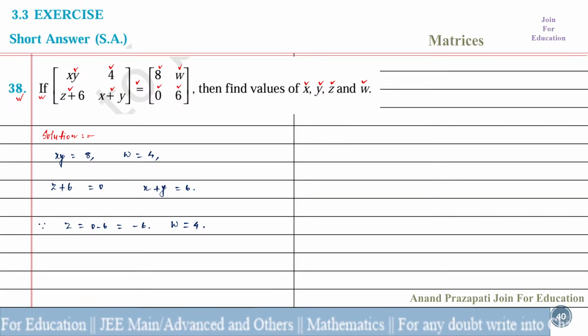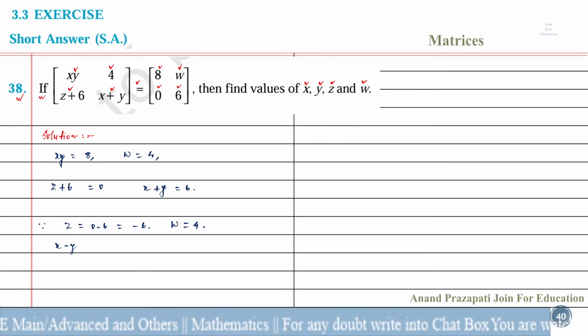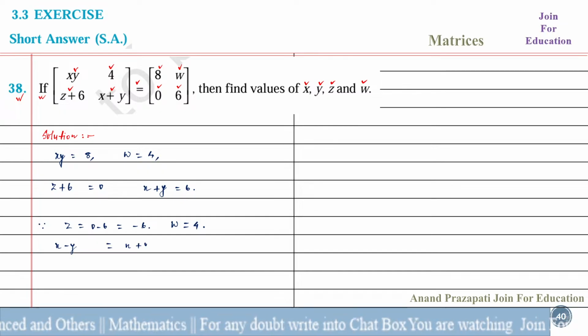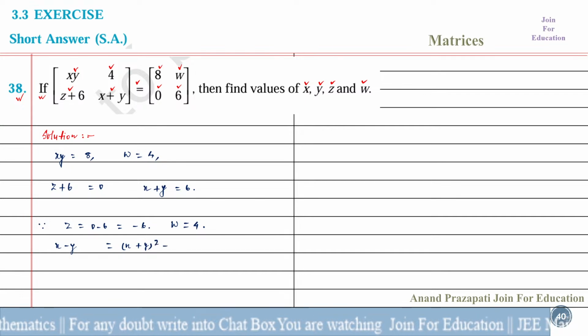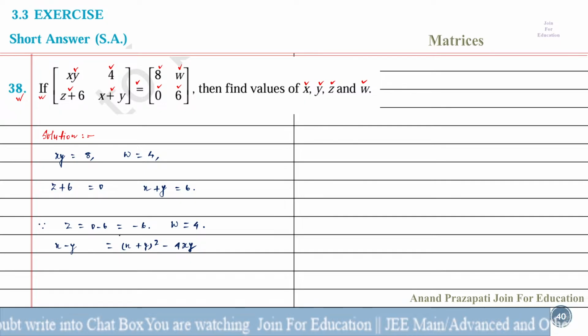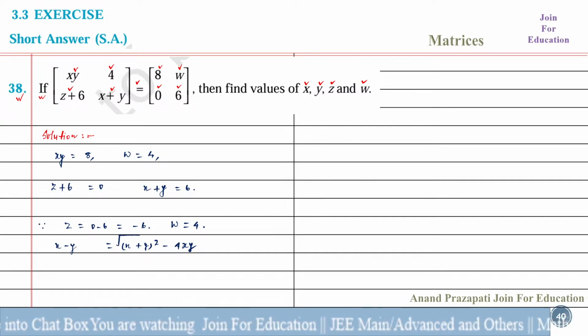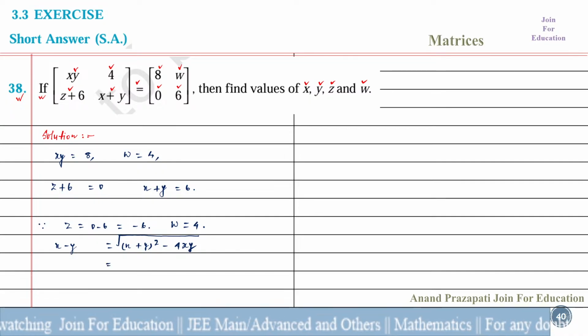So we recall the formula: x minus y equal to the square root of (x plus y) whole square minus 4xy. After that, there is no problem to understand up to this step.